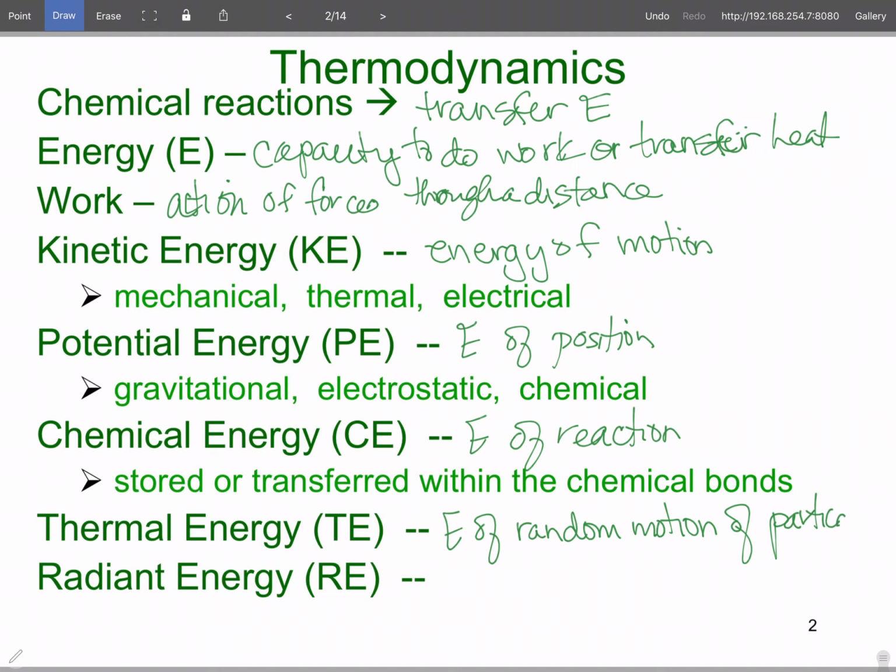Radiant energy is not something we really deal with in this course, but it's just fun. It's the energy of the sun. So when they start talking about stuff with respect to solar panels and stuff like that, they're really talking about radiant energy. So these are definitions of energy.